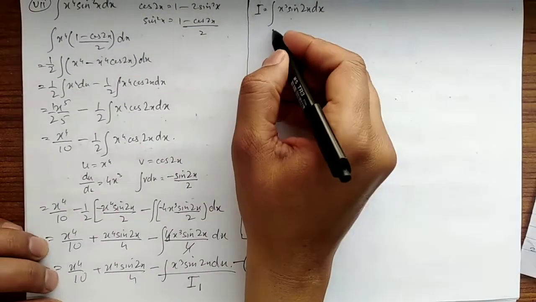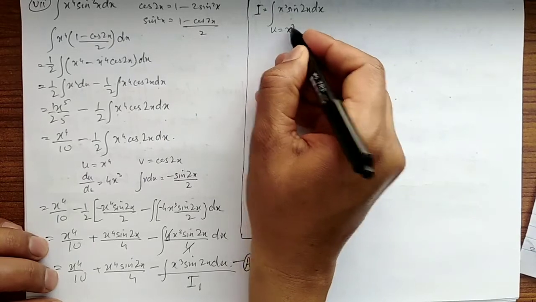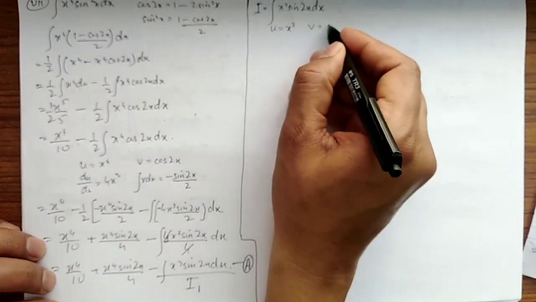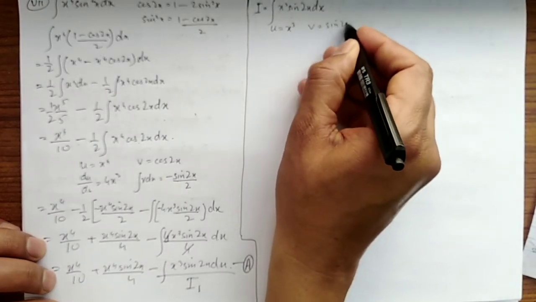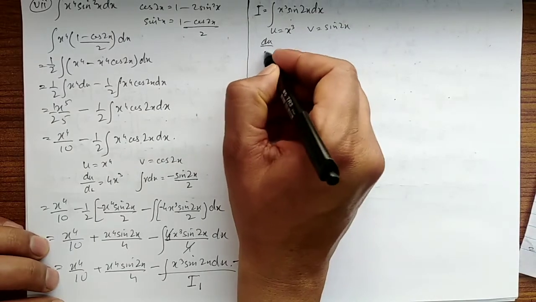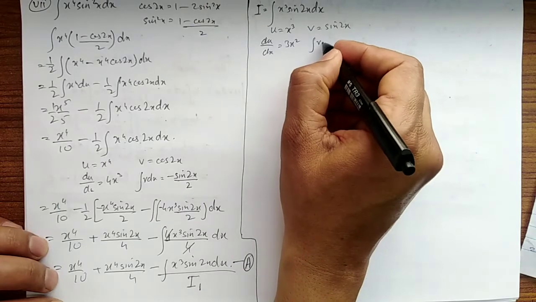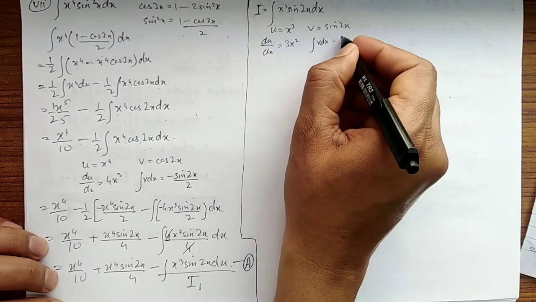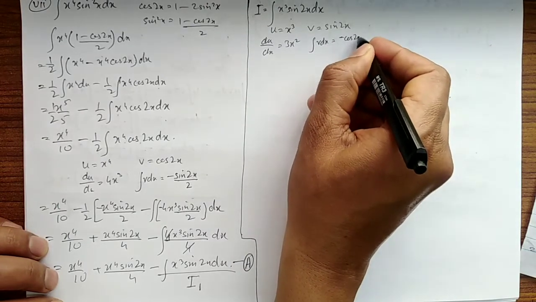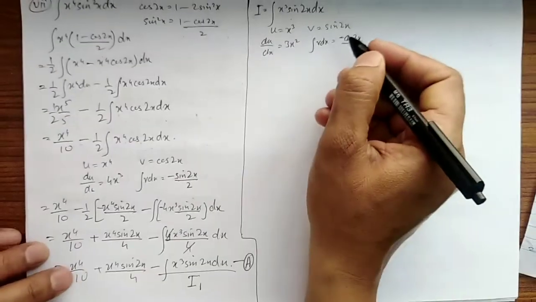so now taking u equals x cube and v equals sine of 2x, so du upon dx is equal to 3x square, and the integral of v dx is minus cos 2x upon 2.